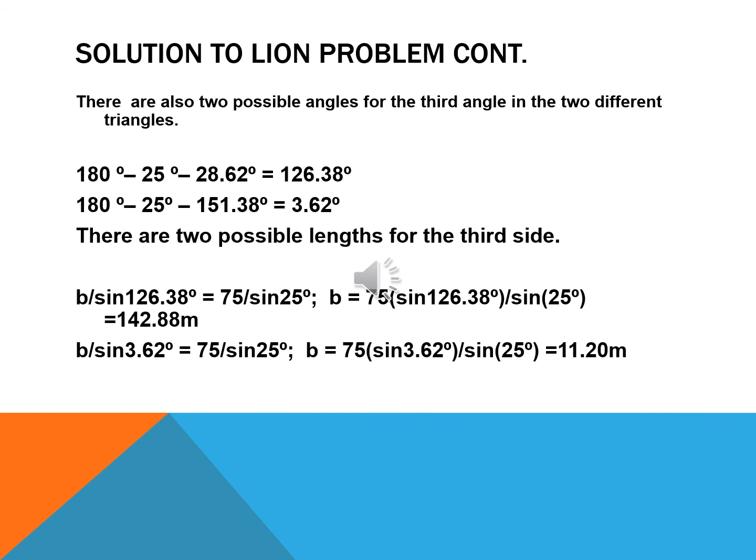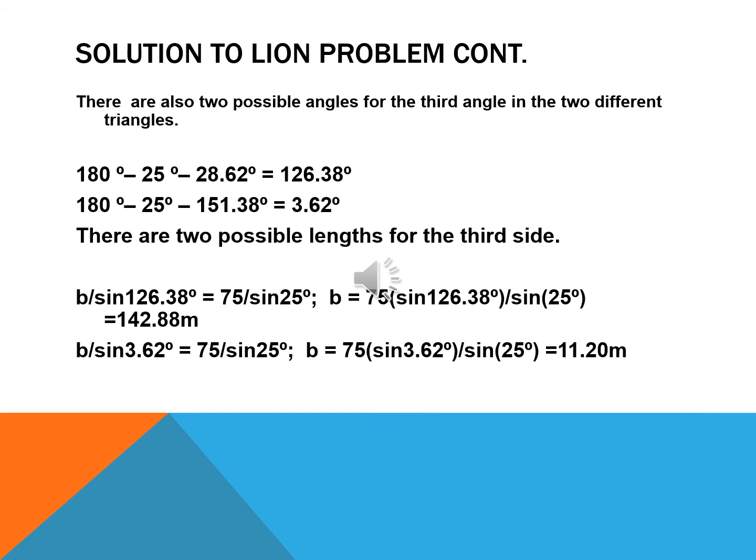Again, using law of sines, I would have length B divided by sine of 126.38 equal to the ratio of the 75 length over the sine of its opposite angle of 25 degrees. Notice I've written the law of sines flipped upside down, but that's perfectly fine as long as you flip both fractions. Solving for B by multiplying by sine of 126.38, I get a length of 142.88 meters.